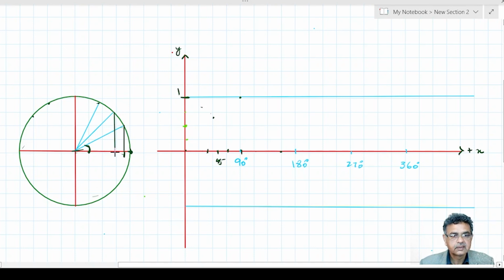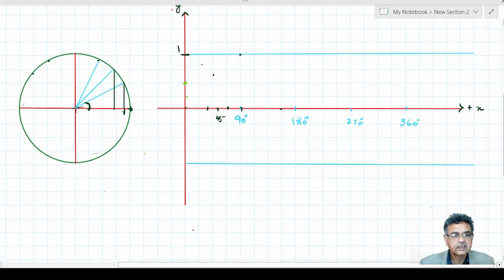It is very easy to understand that if the total length is the radius, then at the angle of 45 degrees, this length is slightly more than half. If this is the half of this total, then 45 is somewhere over here.